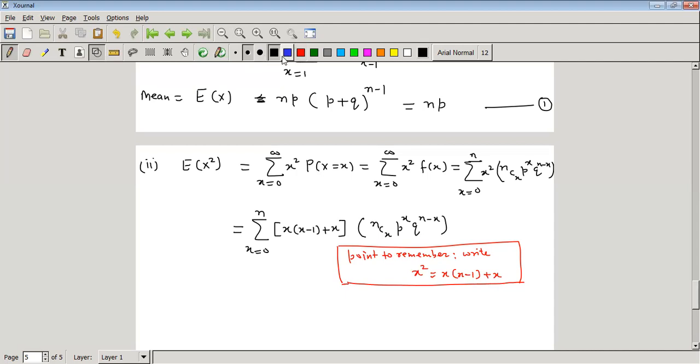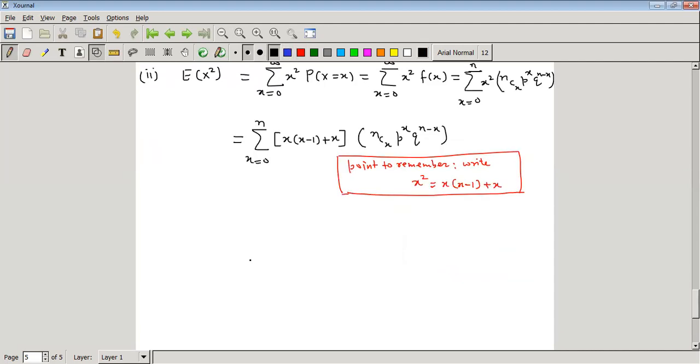So we can write this as summation x equal to 0 to n of x into x minus 1 into nCx p to the power x q to the power n minus x, plus summation x equal to 0 to n of x into nCx p to the power x q to the power n minus x.